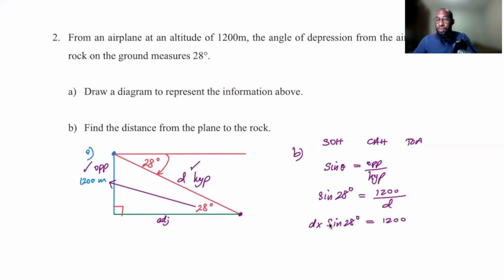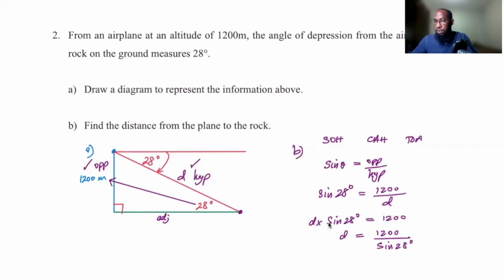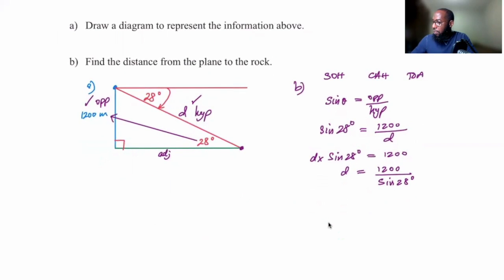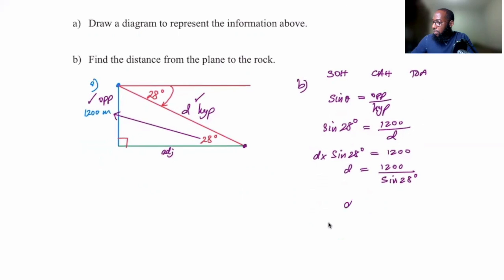Remember, we need to find out what D is. So D is simply equal to 1200 over sine 28 degrees. Put that in a calculator: 1200 divided by sine 28 degrees. Make sure your calculator is in degrees.